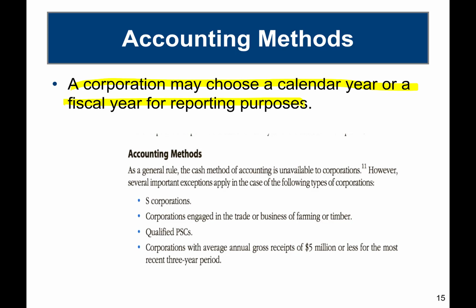Okay. Now, corporations need to follow accrual basis. Okay, cash basis is unavailable unless you are one of these entities: S corporations, smaller C corporations, qualified PSCs. PSCs are personal service corporations, such as accounting firms, that sort of thing.